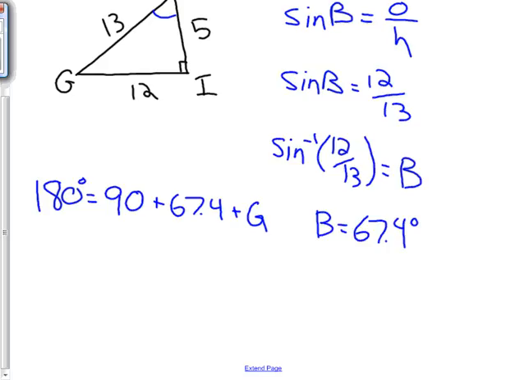So 180 equals 90 plus 67.4 plus G, because we have a 90 degree angle and a 67.4 degree angle. That's 157.4. So then we subtract 157.4 from both sides, and G is 22.6.